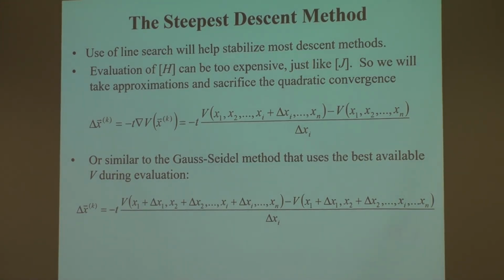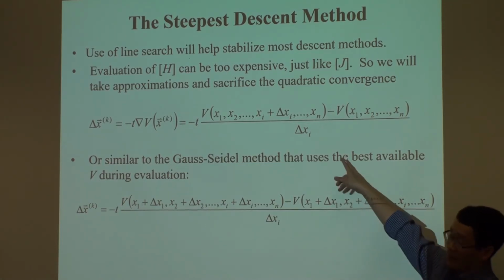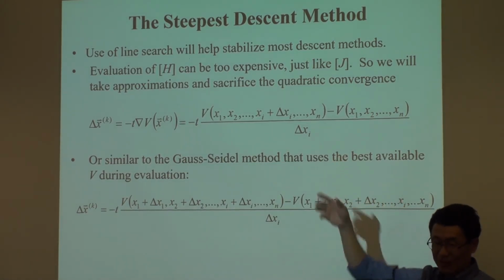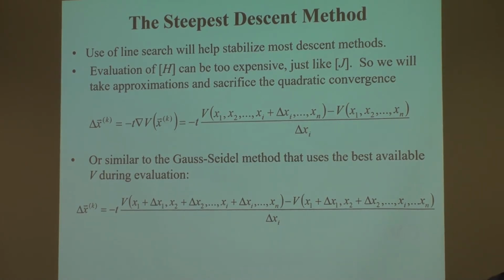You're standing on the slope and you have a few directions going down. If this direction is down and this direction is up, I take the reverse direction, so that I find what change in each delta xi can independently give me descent.